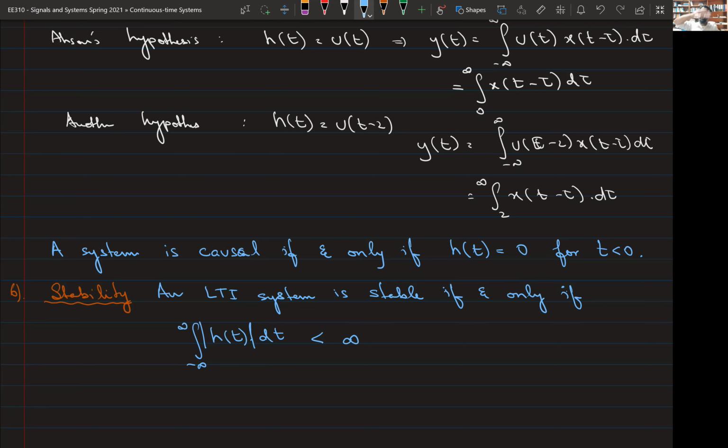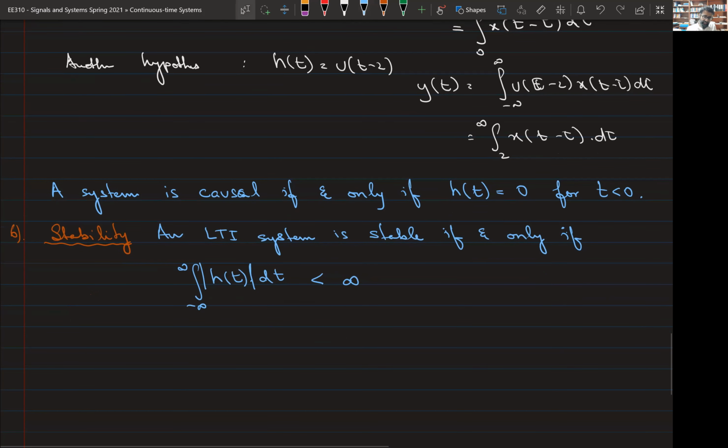So you don't need to do all of those tests that we defined earlier for general systems. For an LTI system, all you need to do is look at the impulse response and compute the integral of its absolute value. If that turns out to be finite, then the system must be stable. Otherwise, it's an unstable system.